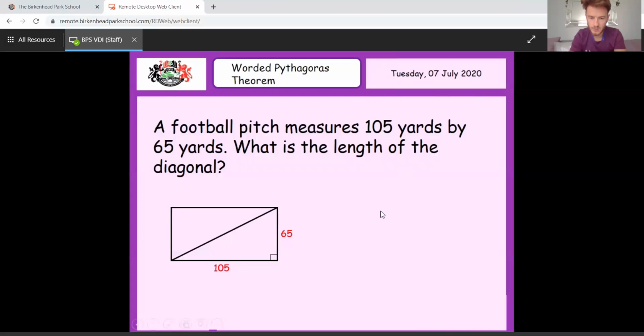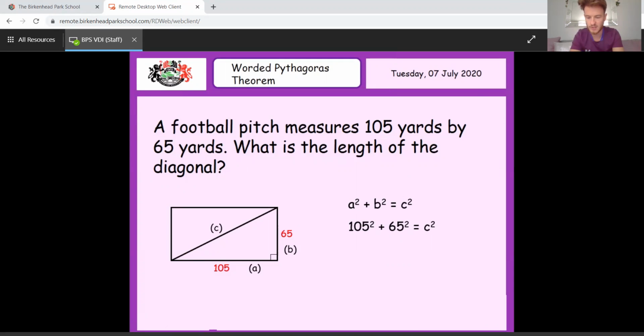Right guys, so this is where you're going to need your calculator, definitely. First step is to label our sides, a, b and c, c being the hypotenuse opposite the right angle. a and b are 65 and 105, so we put that into our formula: 105 squared plus 65 squared equals c squared.